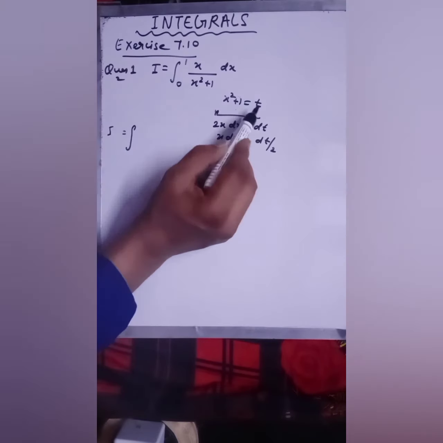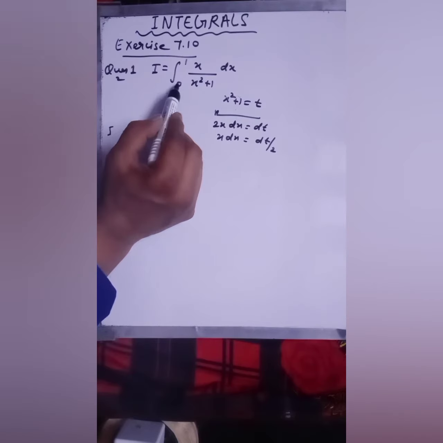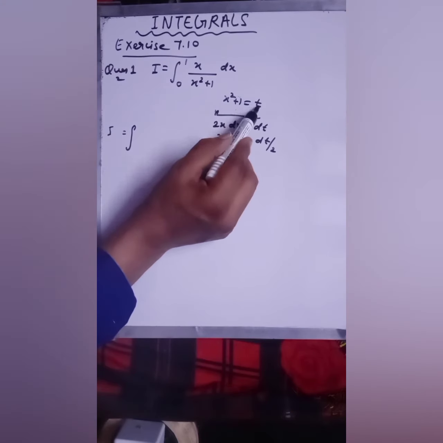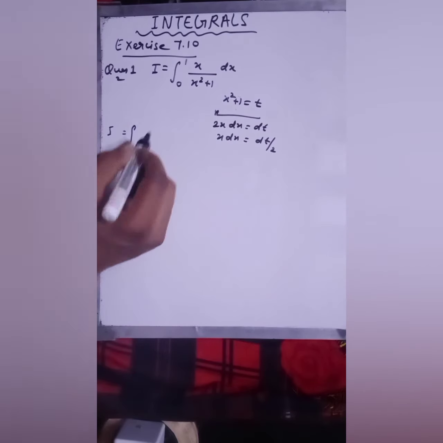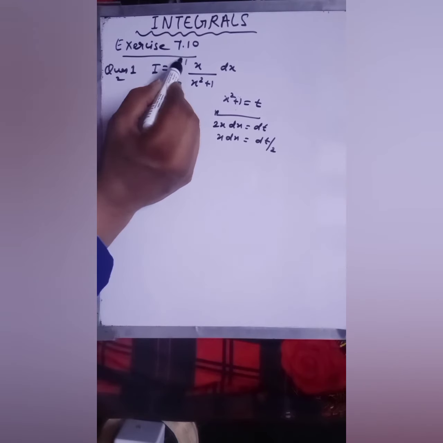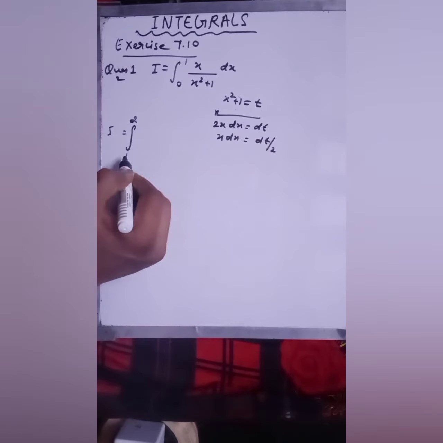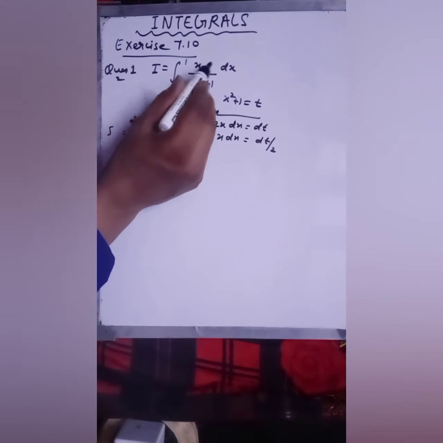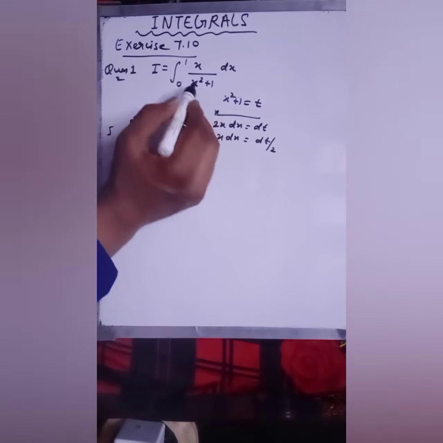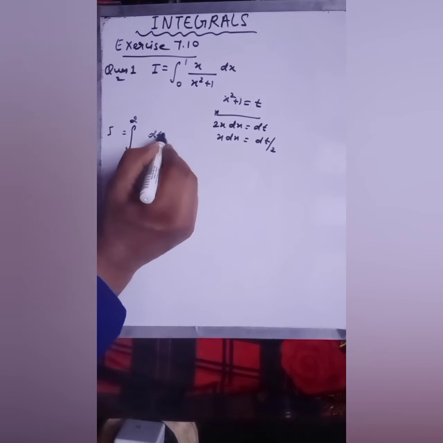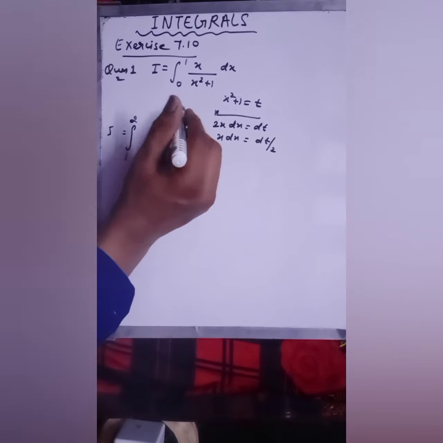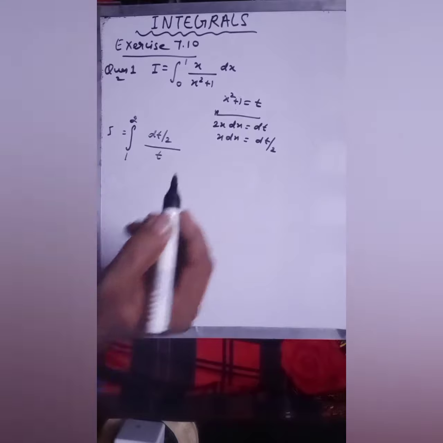You have to change the limit also. When you put x equals 0, t would be 1, and when you put x equals 1, t would be 2. So the limit will be from 1 to 2, and x into dx is dt by 2, over x square plus 1, that is t.